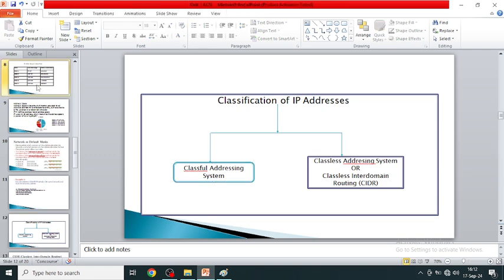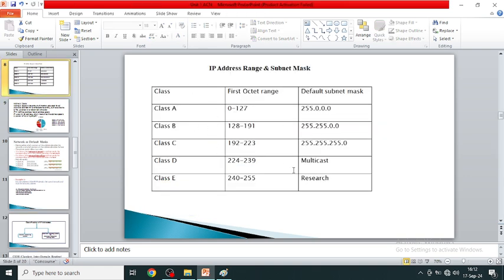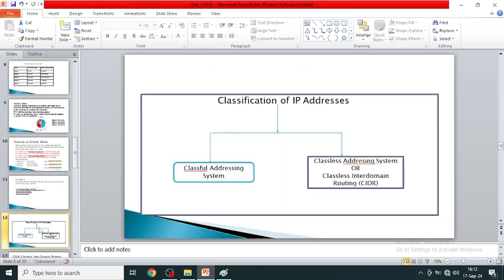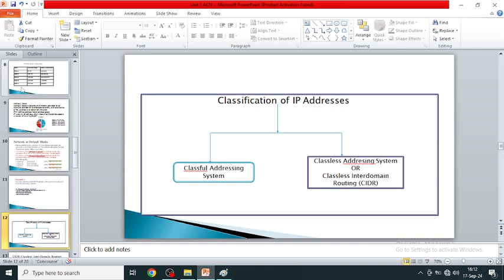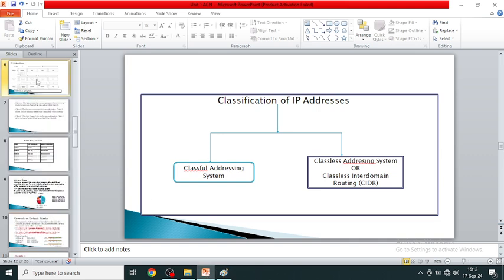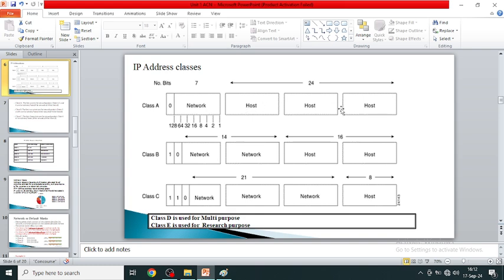Some problems are there with classful addressing. What are those? The first one: in class A and class B we saw this, right? In class A and class B, you can assign too many hosts, but the network is only 2 to the power of 7.